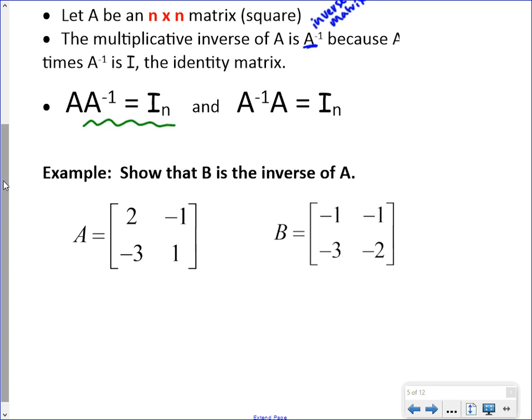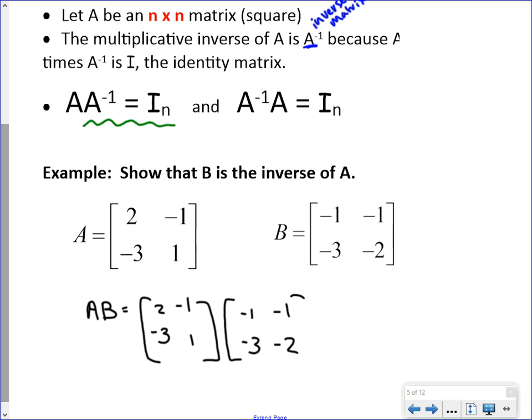So if I were given these two matrices for A and B, I want to find the product of A and B. I kind of have an idea, again, of what should happen.